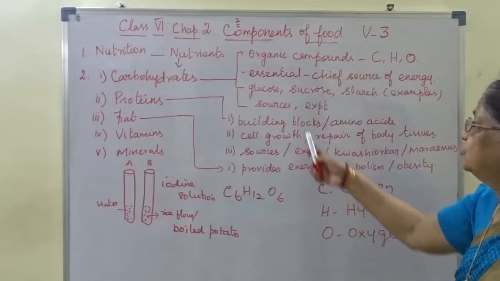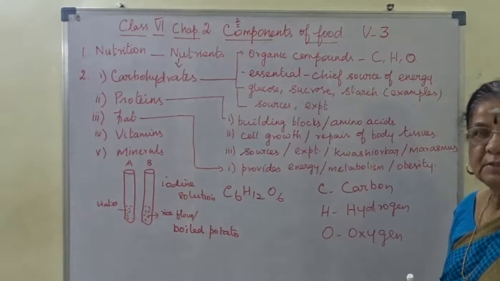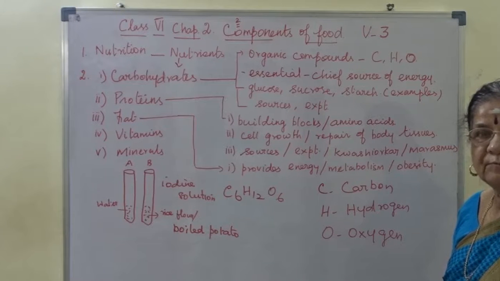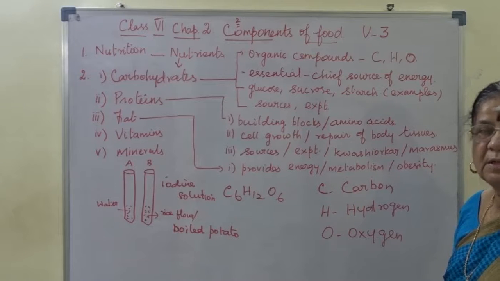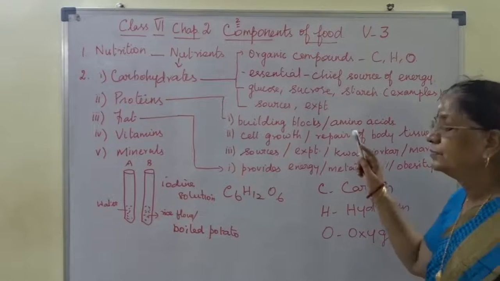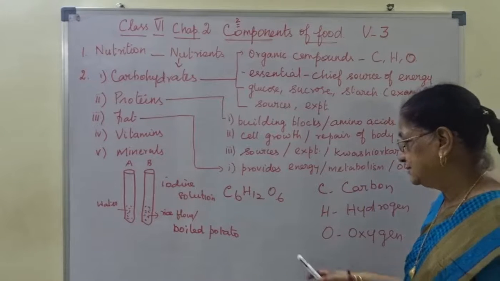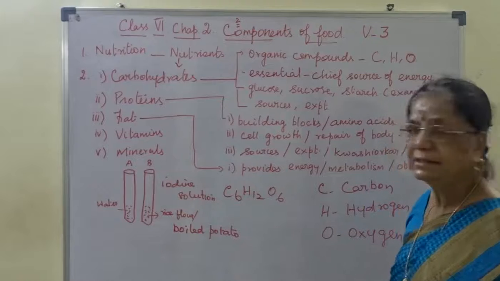So the sources we have already said: sugarcane, papaya, mango, watermelon, rice, then bajra. Do you remember? All these are sources of carbohydrates. So this is the experiment, the starch iodine test.